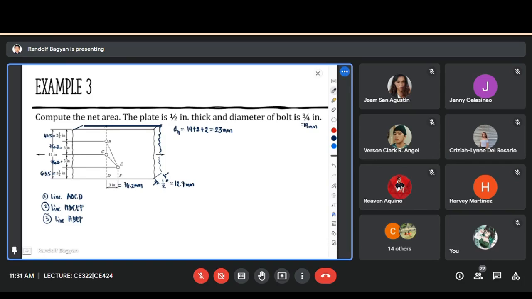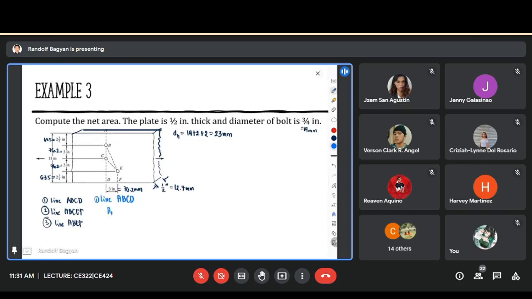Okay. First, we consider line ABCD. Okay. So, net area is equal to gross area natin. That would be equal to, ano yung kabuuan ng 11 inch? 11 times 25.4. That's 279.4 mm. No?